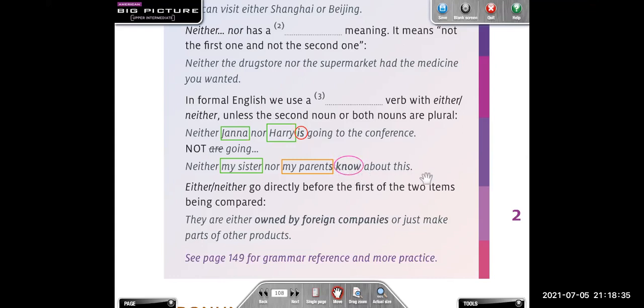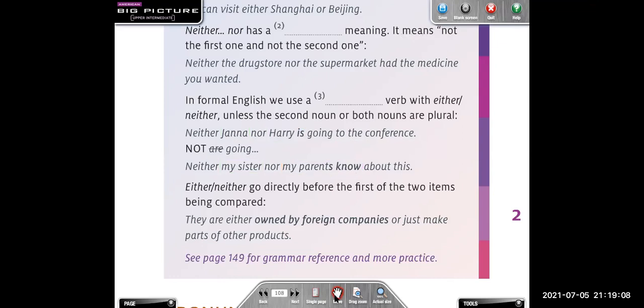They know about this. Recuerde que el verbo singular sería con una S. Este sería el verbo singular, knows. Y el verbo plural es know. Third person singular. ¿Ok? Y este es el verbo plural, know. ¿Ok? Any other questions?